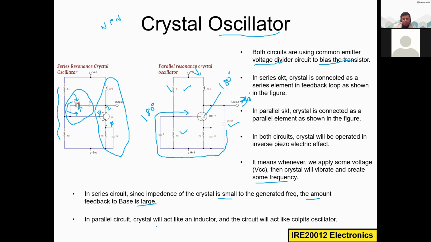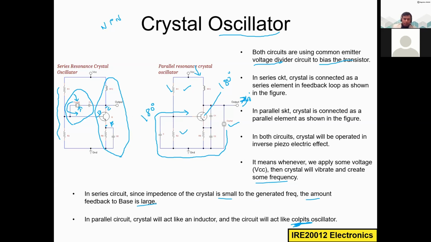But in the parallel circuit, it's the opposite. The crystal will act like an inductor and the circuit will act like a Colpitts oscillator. This is something new for you now. I will explain the Colpitts oscillator in a while. So anyway, just remember this.